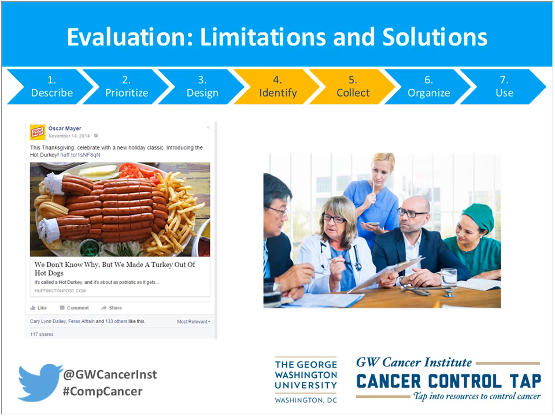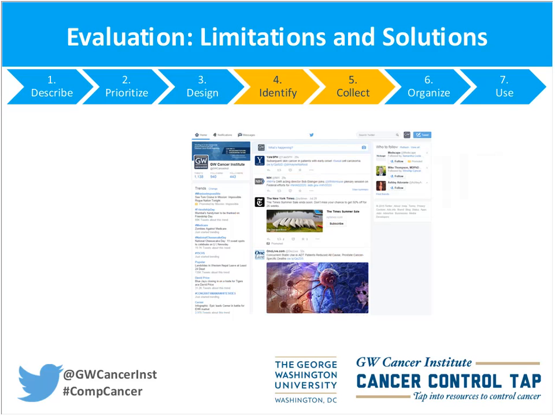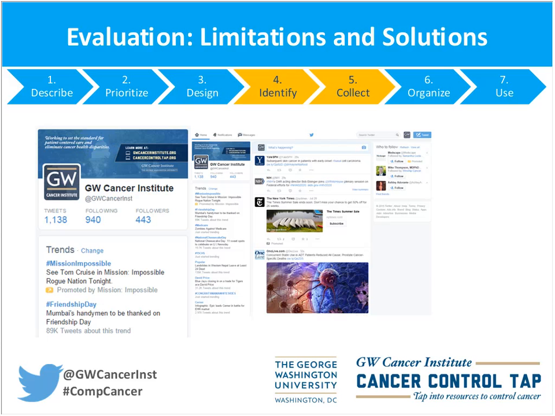For programs that have allocated funding for their social media campaign, buying social media ads are a great way to reach audiences. For example, here is a social media Twitter homepage. You can pay to increase visibility of and promote a trend or a hashtag your campaign is using. This is really costly.